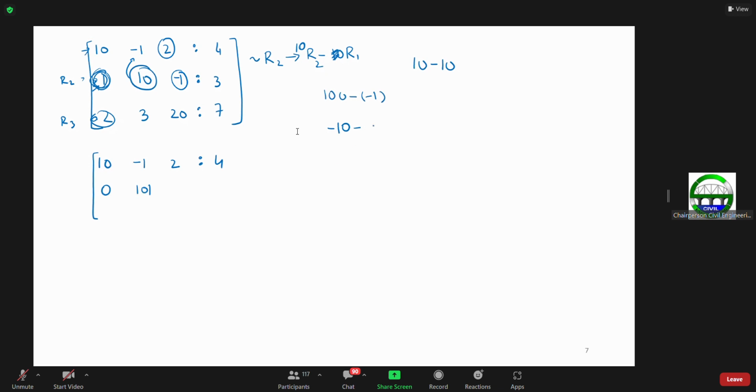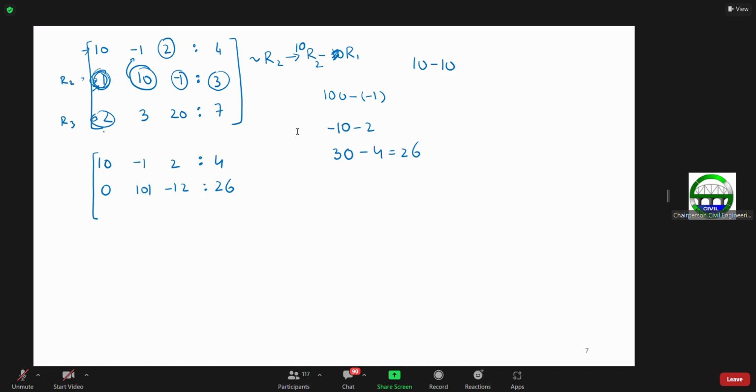R1 is equal to, it will be minus 12. Again multiply it with 10, it is 30, minus R1. R1 is equal to 4, so it is equal to 26. Right? You can do it in this way.